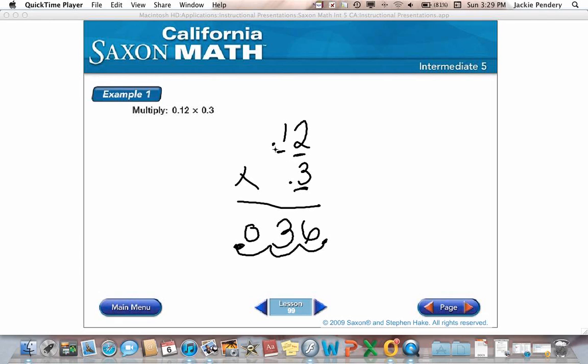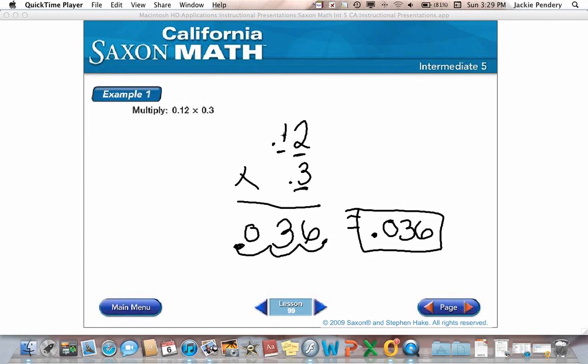So this answer is 12 hundredths times 3 tenths equals 36 thousandths. So my actual answer is 0.036. 36 thousandths.